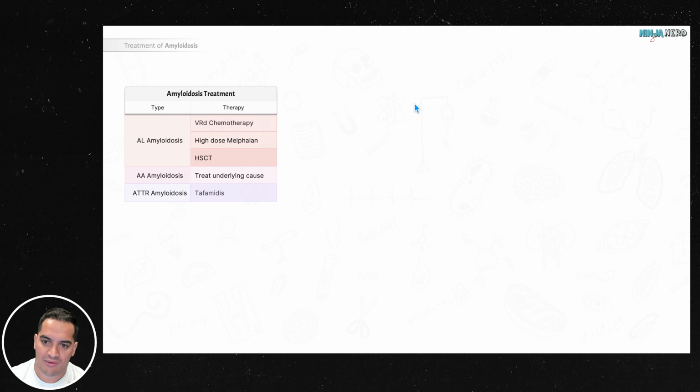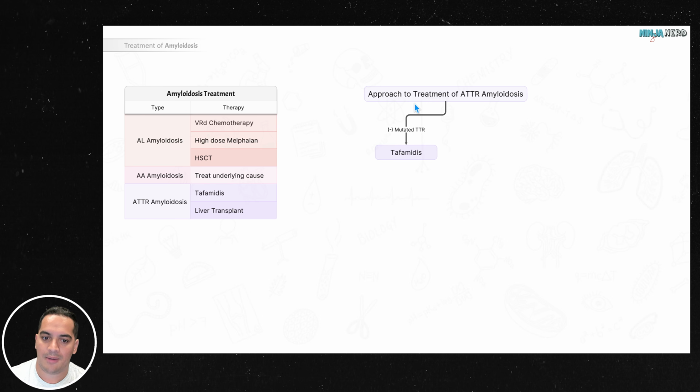And in that mutated form, that's the issue. If we get rid of the organ or we switch the organ to a proper organ able to produce that protein, we might be okay. And so that's where a liver transplant is best for those who produce that mutated form, since it's the source of the mutated transthyretin protein. So again, if it's non-mutated, it's tafamidis. If it is mutated, we do the liver transplant.